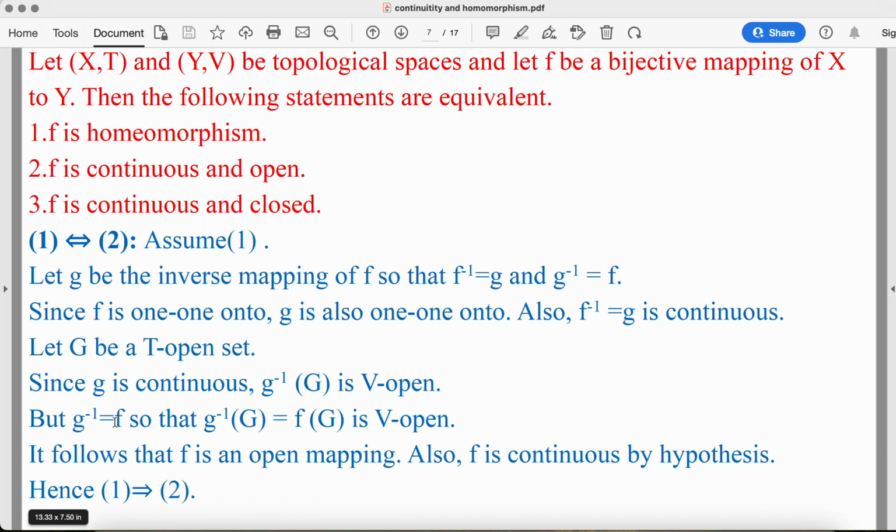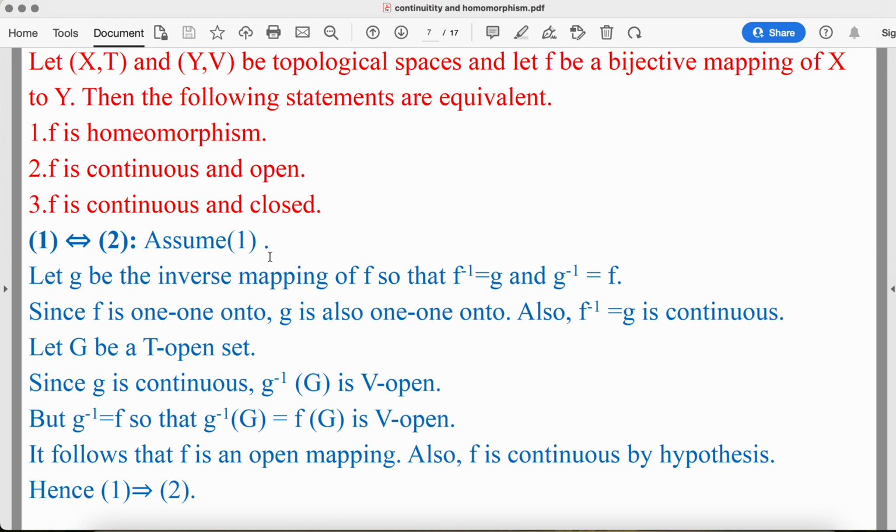But g inverse is equal to f, so g inverse of G, which is f of G, is V-open. It means f is an open mapping. Also f is continuous by hypothesis, because we are given that f is a homeomorphism. It means one implies two, that is, if f is a homeomorphism, then f is continuous and open.